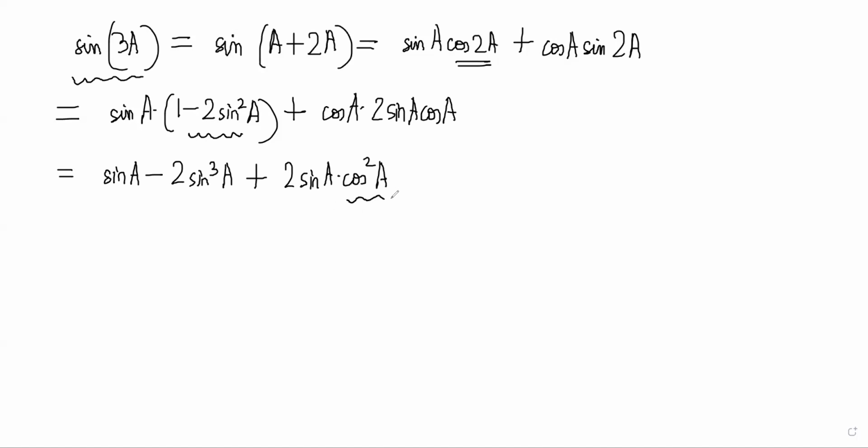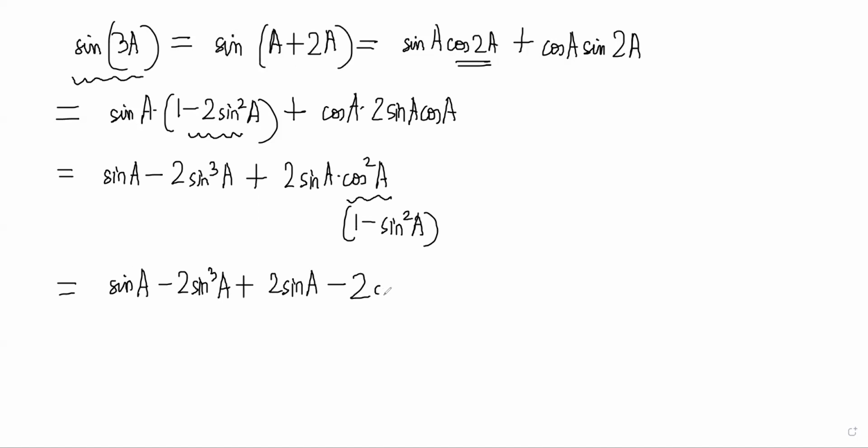Then we will put 1 minus sin square, and we'll get sine a minus 2 sine cube a plus 2 sine a minus 2 sine cube a, right? Finally, we get 3 sine a minus 4 sine cube a.